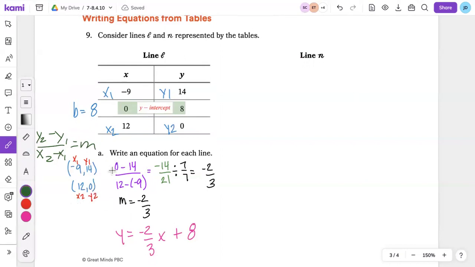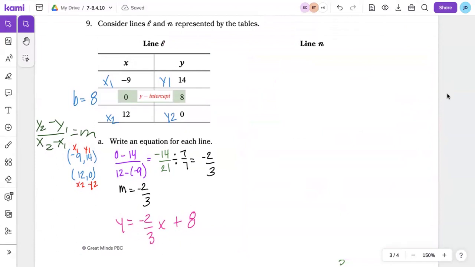So doing y2 minus y1, 0 minus 14, over x2 minus x1, 12 minus -9. You end up with -14 over 21. Simplify by dividing by 7. We end up with -2/3 as our slope. And then once you have your slope and y-intercept, you can write the equation. y equals -2/3 x plus 8, which would be your slope and y-intercept. That's your equation of the line.